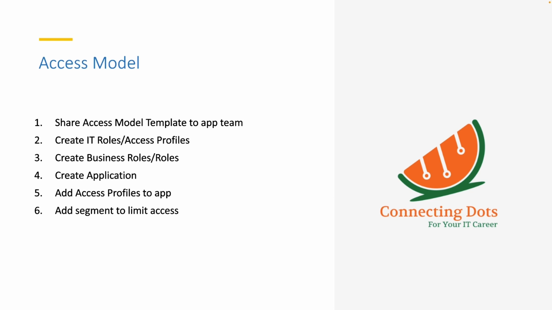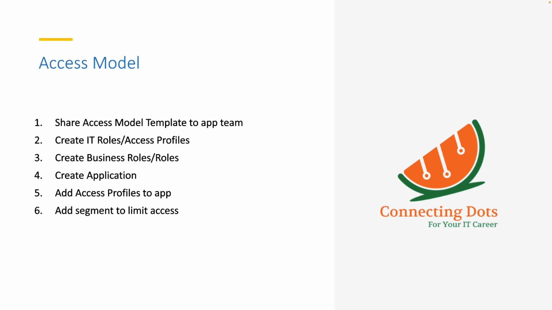Next, create business roles. In Identity IQ, we create a business role, which is a collection of IT roles, whereas in Identity Now a role is nothing but a collection of access profiles. The RBAC, role-based access control, we call it an access model. So in Identity IQ: entitlement, then IT role, and then business role. In Identity Now, same way: entitlements, access profiles, and then roles.